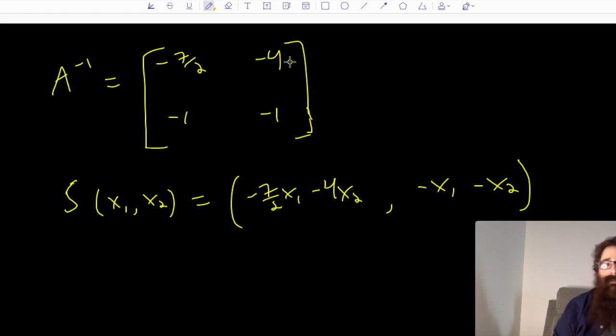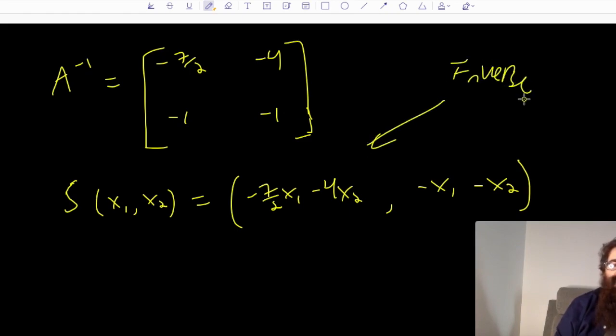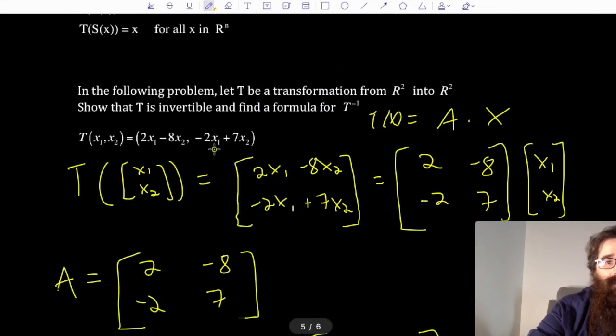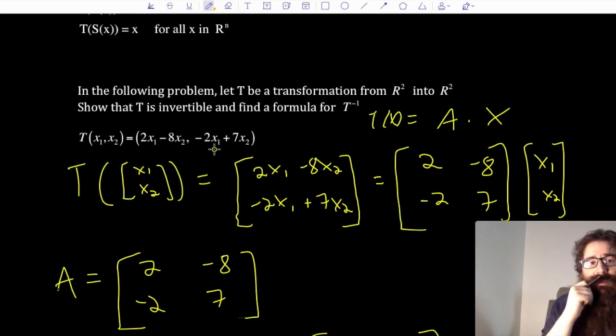I'm just building it from here, right? So -7/2 x1 minus 4x2, that's the first thing. -1 x1, -1 x2 for the second thing. And this is my inverse. You can think of it like an inverse function. It's the inverse to this mapping that I have here, t of x. Let me write down what t of x was on this other page, and I want to show you that we can check our work a little bit.